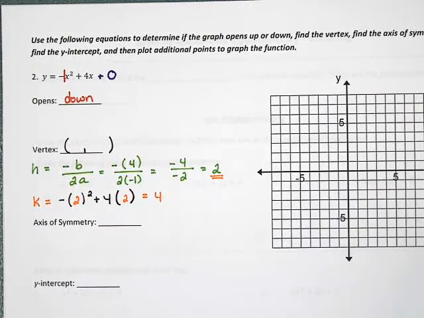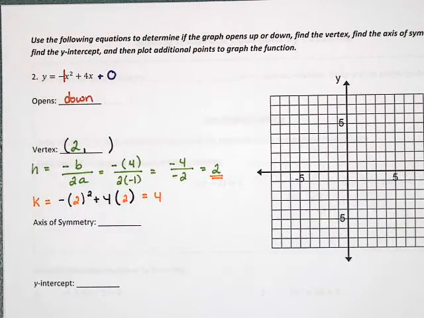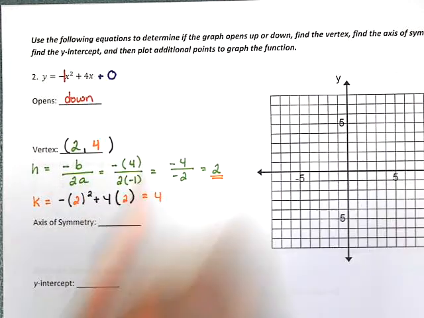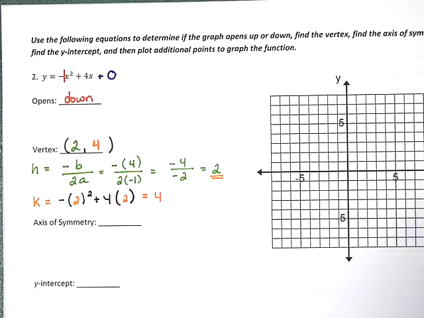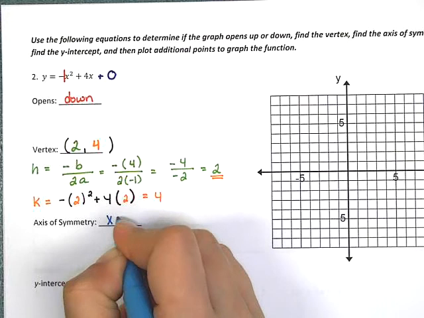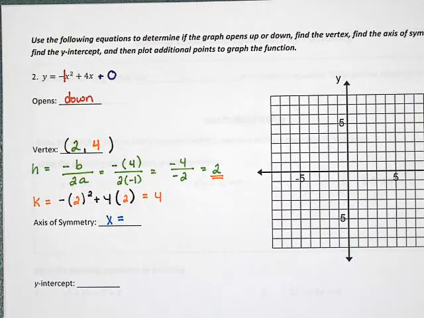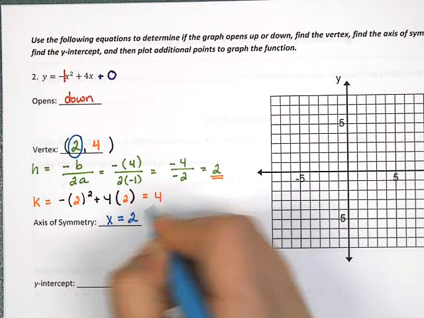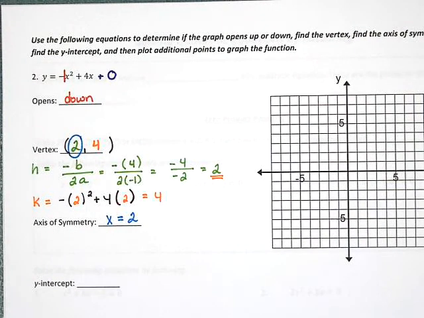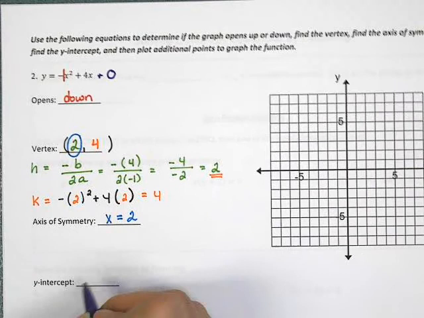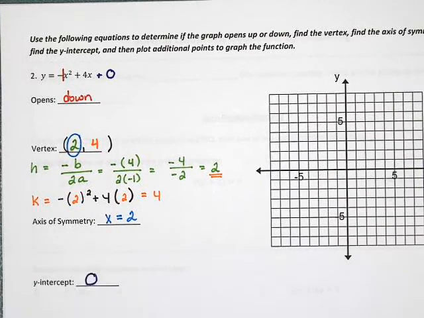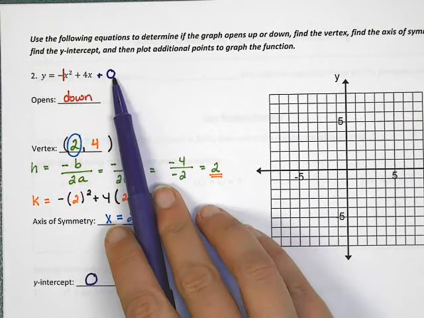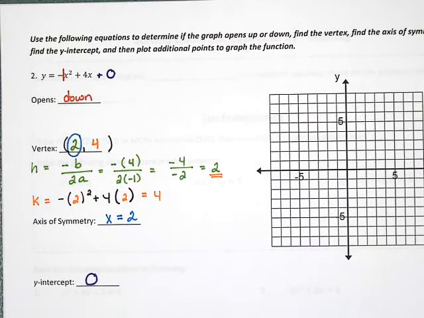So my x-coordinate of my vertex is 2 and my y-coordinate of my vertex is 4. Now my axis of symmetry is always going to start with x equals because it's a vertical line, and it's the same x value from my vertex because it's going to pass through the vertex. And finally, the y-intercept will be 0, and I know that because the final number here, the c, is an invisible 0. It wasn't there, but I knew it was a 0.